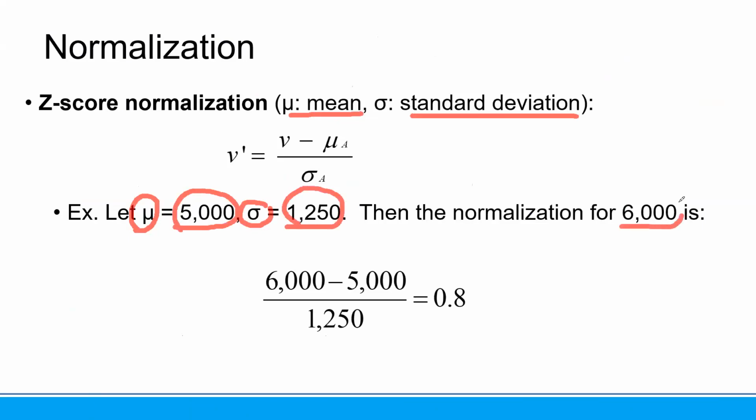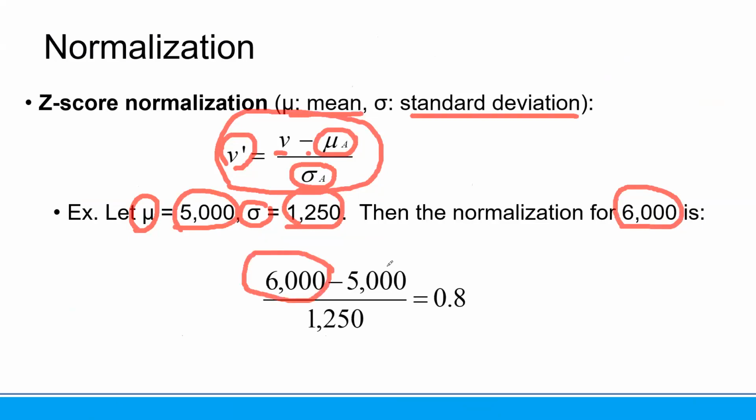Then if I have a value of 6,000, I can just calculate it with this formula. v prime equals v, which is the value, minus the mean of that attribute, divided by the standard deviation of that attribute. So the value will be 6,000 minus 5,000 divided by 1,250. So the value is 0.8. This is the normalization based on the Z-score.